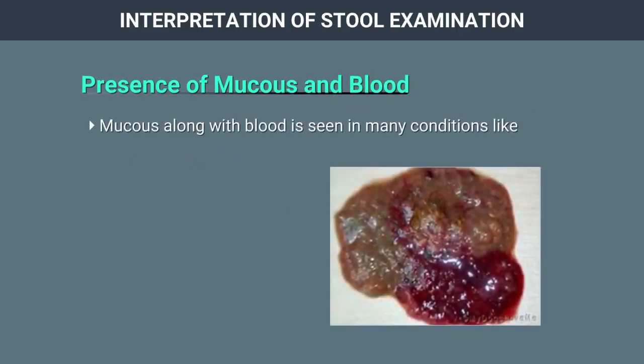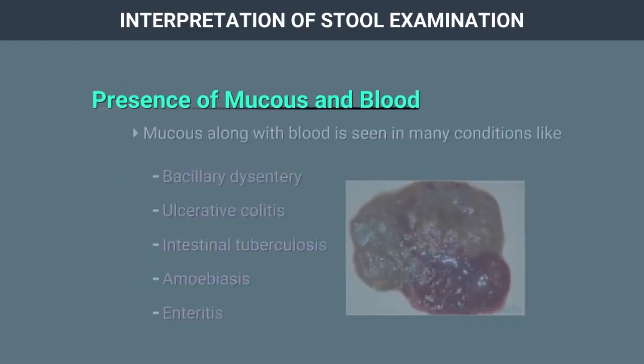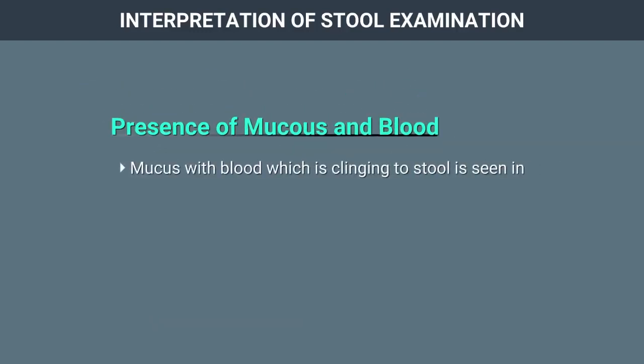Mucus along with blood is seen in many conditions like bacillary dysentery, ulcerative colitis, intestinal tuberculosis, amoebiasis, enteritis, etc. Mucus with blood which is clinging to stool may be seen in malignancies of colon and inflammatory lesion of rectal canal.